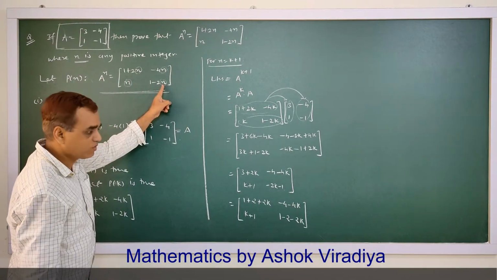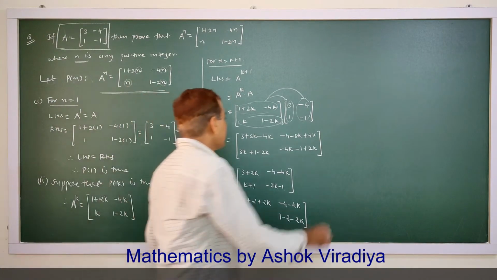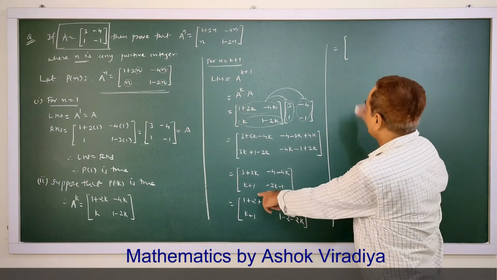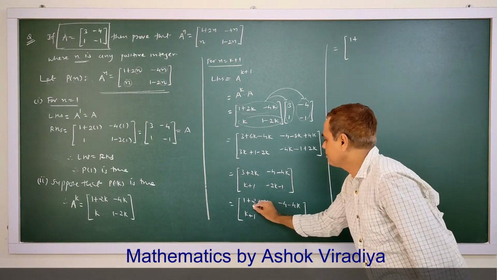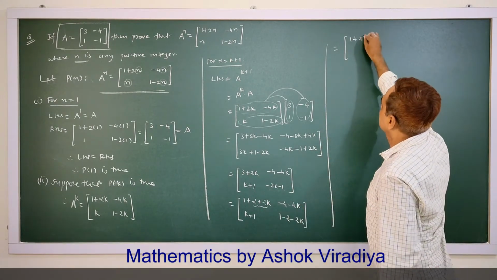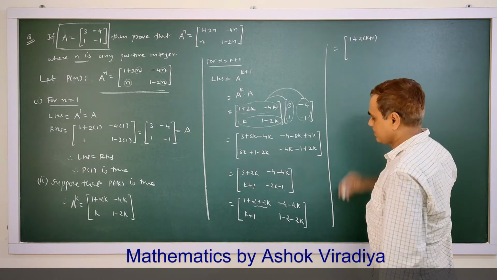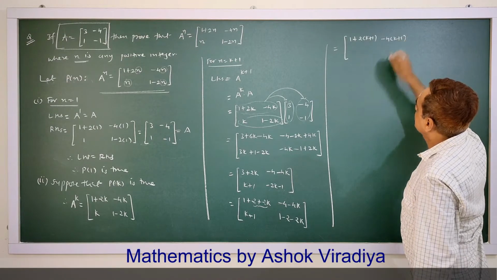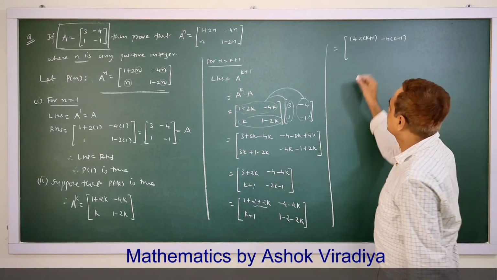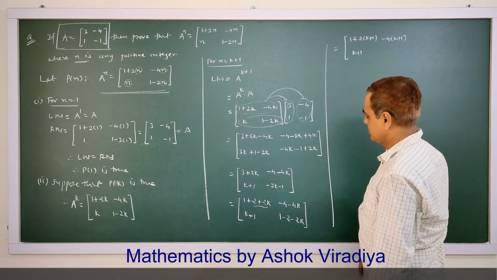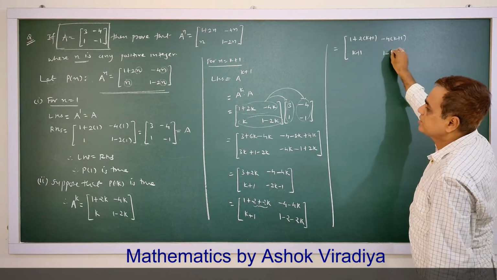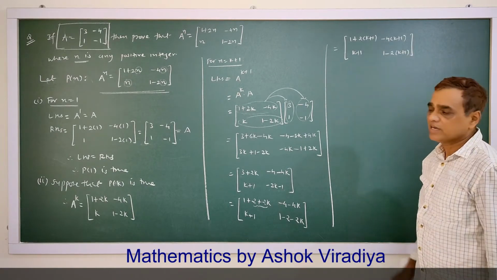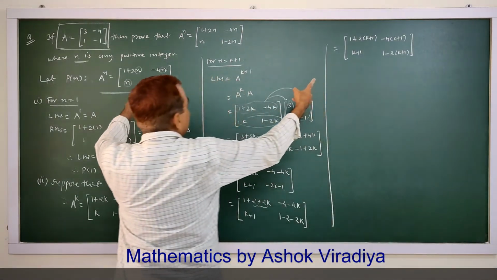Here we want k plus 1. So that is equal to 1 plus, from this part 2 common, inside k plus 1. Here minus 4 common, k plus 1. This is k plus 1. And here 1 minus 2 common, k plus 1. And you can see that we have obtained this pattern.